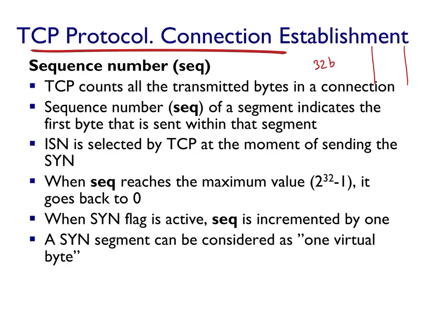If I send a segment with sequence number equal to 0 with 100 bytes inside, the next one I will send is sequence number 100, not 1. Because we are counting bytes, this is the first segment, this is the second one, but the sequence numbers are 0 and 100, because the first one with sequence 0 has 100 bytes inside.